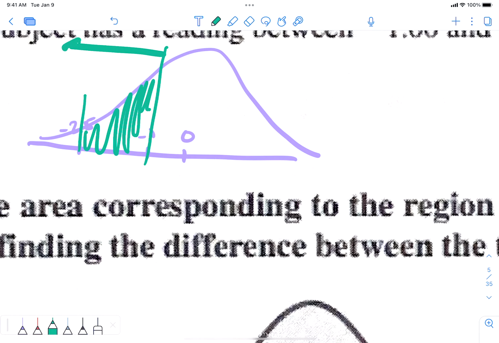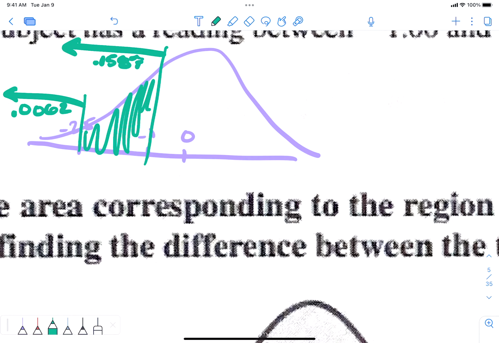Let's do -1 first. From -1 on back, looking at your chart, 0.1587. Okay. From -2.5 on back, like positive 0.0 something, 0.0062. Not very much, right?